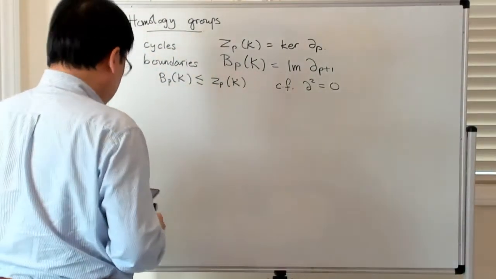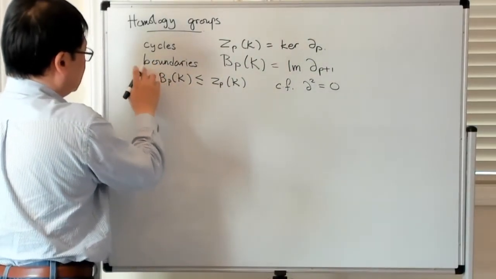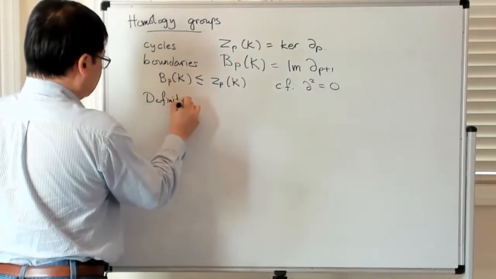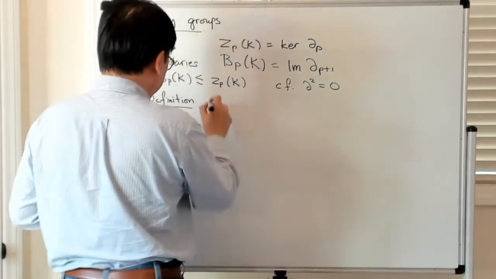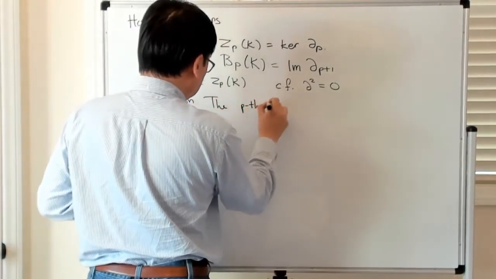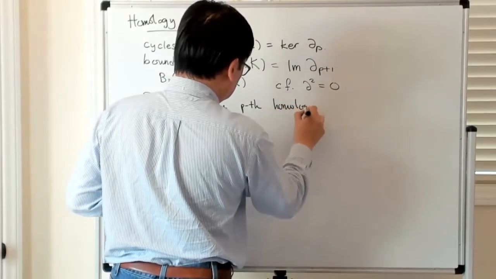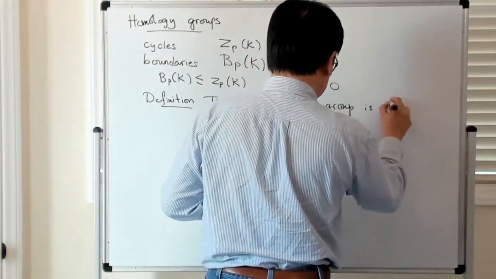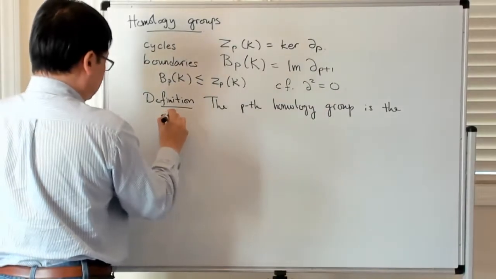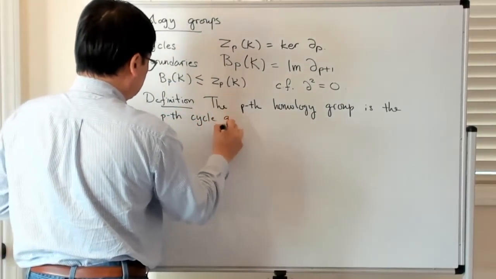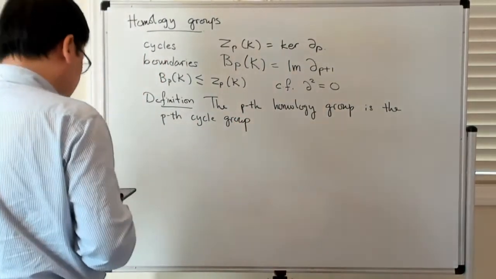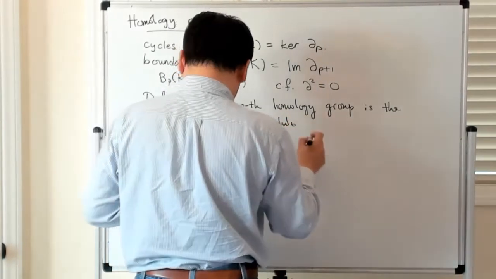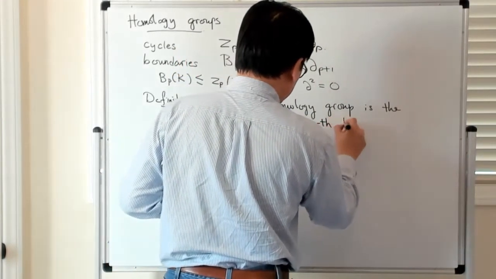All right. So now we can think about what the homology groups are. This is a definition. The P homology group is the P cycle group, quotiented, or modulo, the P boundary group.